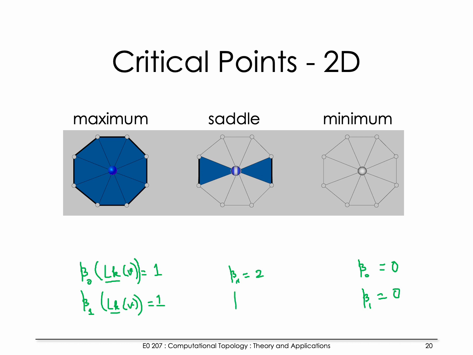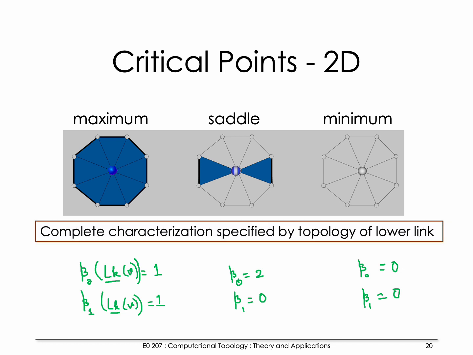Well, I'm sorry, Betti 0 is 2 and Betti 1 is 0. So remember that we are writing the Betti numbers of the lower link. So as we can see, the critical points are completely characterized by the Betti numbers or the topology of the lower link.